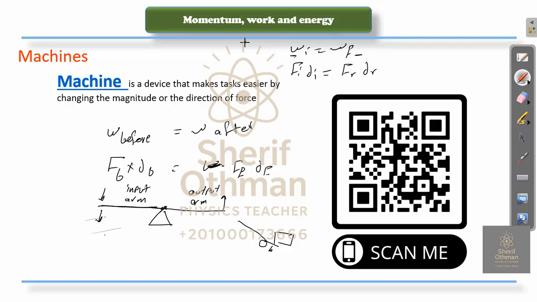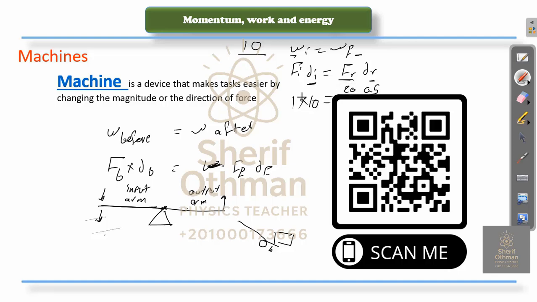Let's say that by changing the distance, I can manage the input force and the output force. Let's say I put an input arm of 10. So I only need 1 newton to produce a work of 10. While I increase the length of the output arm, I will put the arm here at half a meter, so the resultant force will be 20.